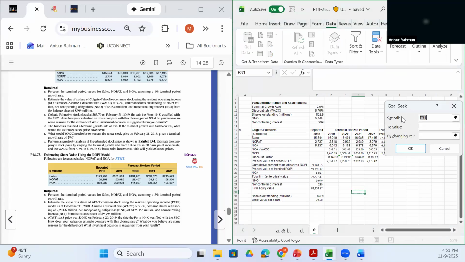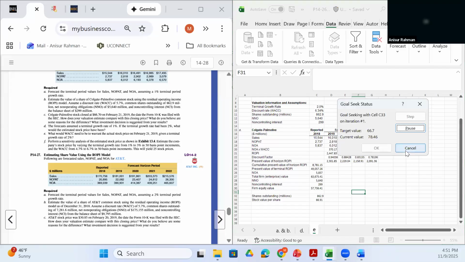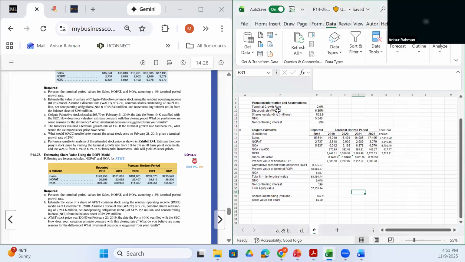Now we want to set this cell to the current market price, which is 66.77, by changing our WACC. That's all you have to do, and then press OK. So goal seeking found a solution, so OK. So your discount rate has to be 6.35%. I'm going to save this Excel.